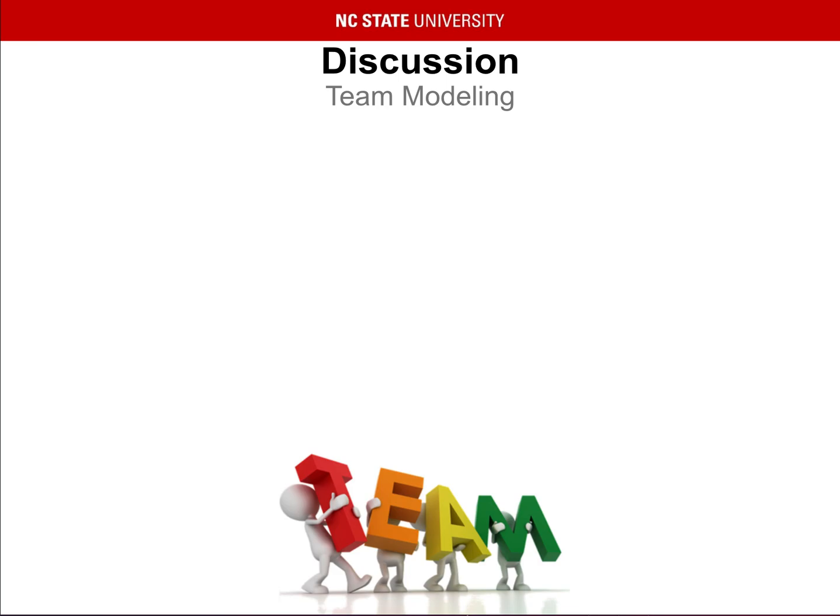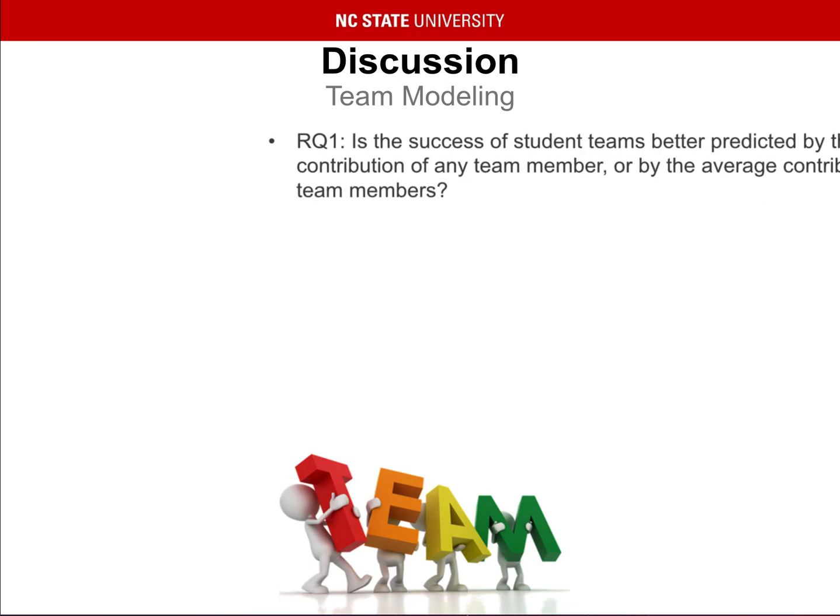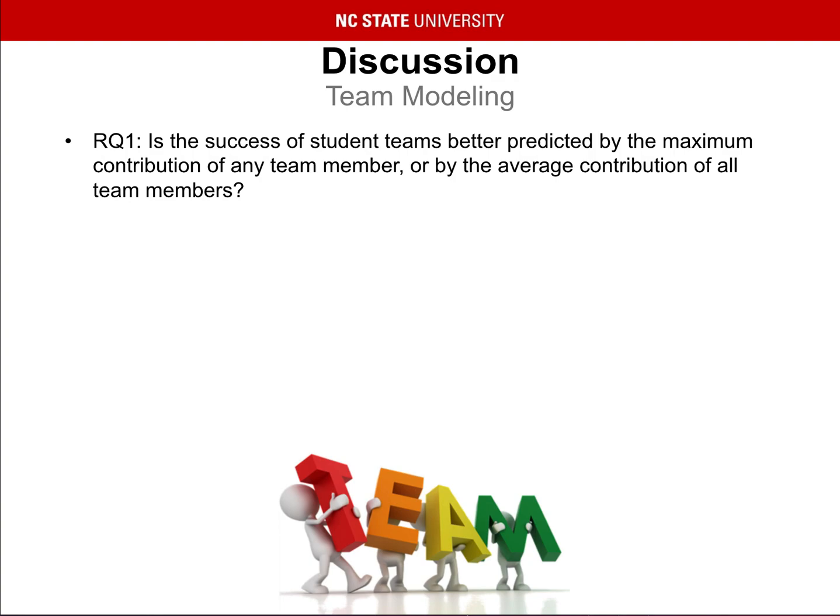In the discussion section, we answer research question 1 first. Is the success of a student team better predicted by the maximum contribution of any team member or by the average contribution of all team members? The answer is that it is hard to give a universal conclusion on which method is the best.